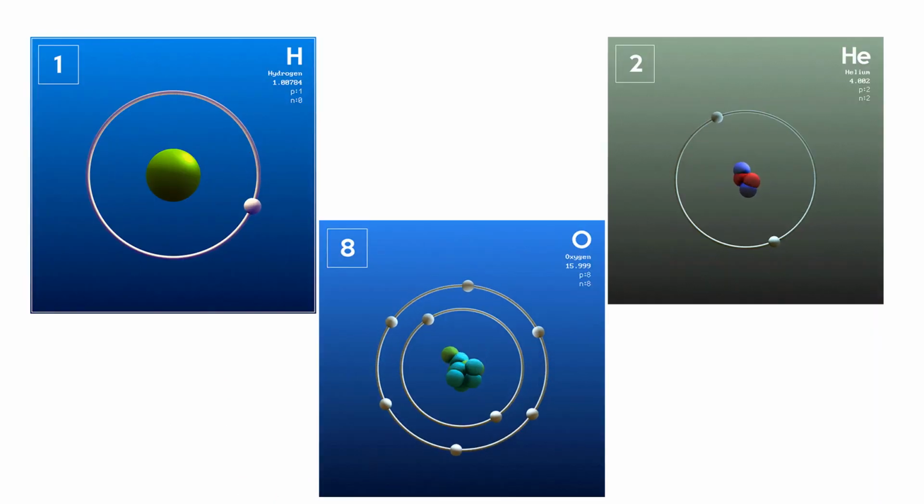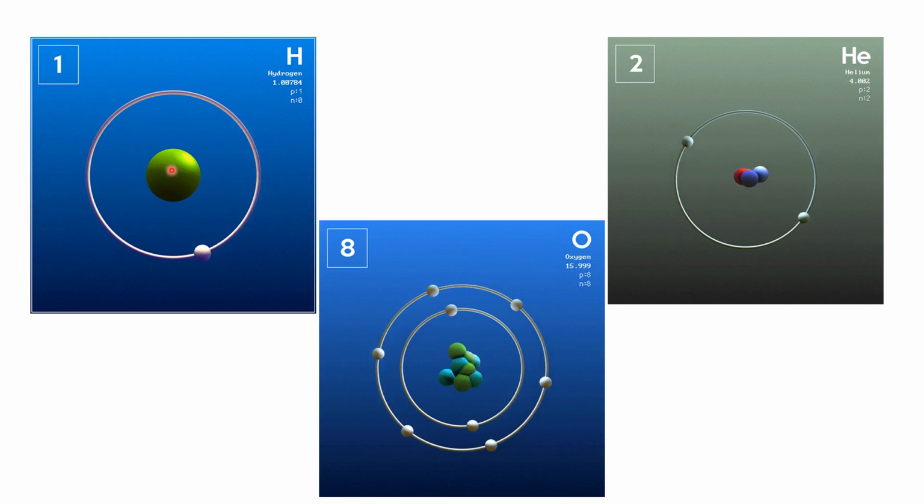To know chemical bonds very well, I have shown you these three atoms. The first atom is of hydrogen, second is of helium, and third is of oxygen. Now hydrogen, we all know, has only one electron which revolves around the central nucleus.